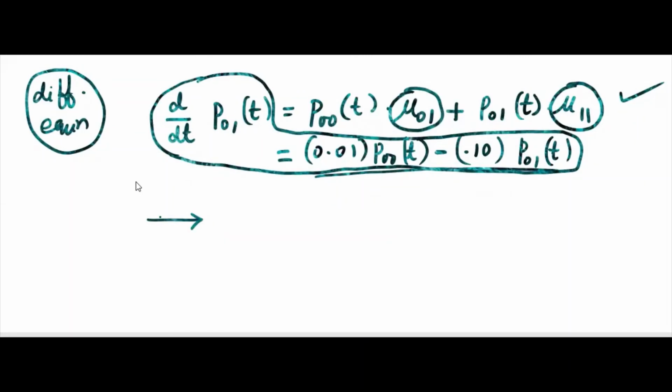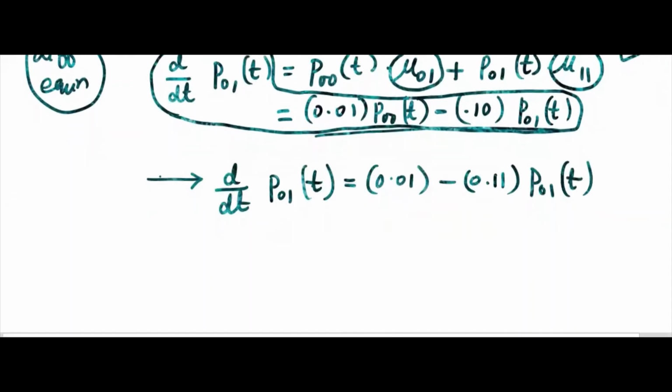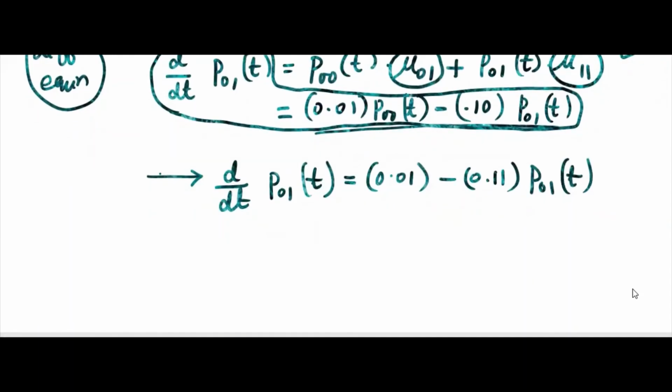You take that to the left hand side, so then P01t, this is the left hand side, and this will be 0 0 1 minus, you can verify this, because when you write 1 minus, that multiplied, that will give you this one, minus this one.